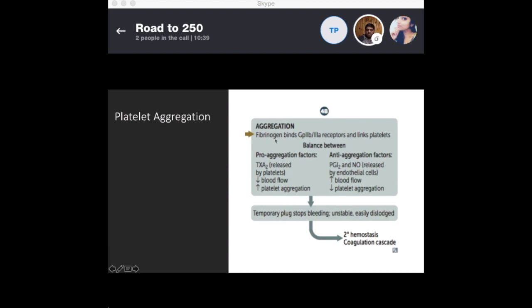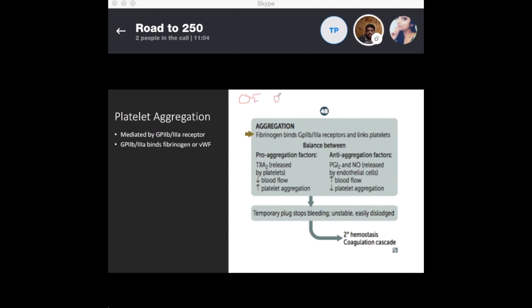So fibrinogen basically binds to the GP2B3A receptor and links platelets. Platelet aggregation is mediated by GP2B3A, and it can use fibrinogen or von Willebrand's factor as a binding factor. The way I think about this is, imagine you have a platelet with that receptor.